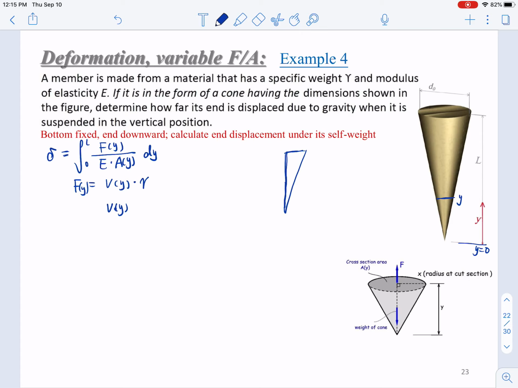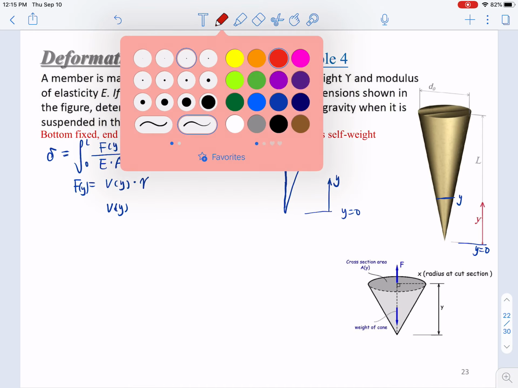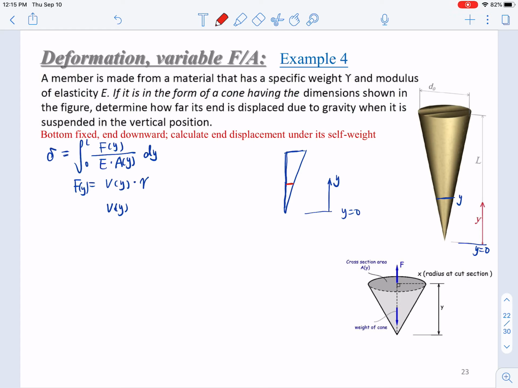We set that the height of this cone is y, and x here is the radius at the cut section.